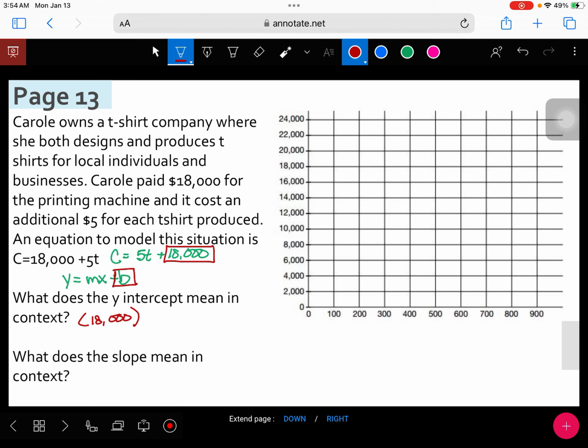That means before she even started to produce any t-shirts, she had to pay 18,000. So let's go up here. The y-intercept means she paid $18,000 before printing any t-shirts.